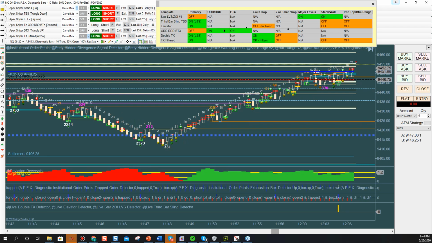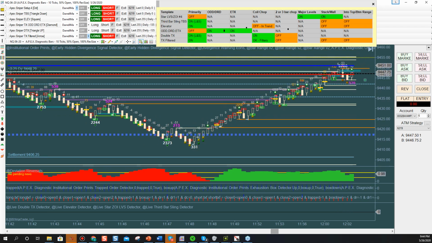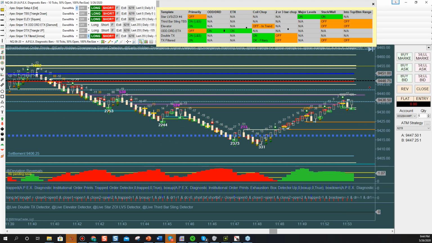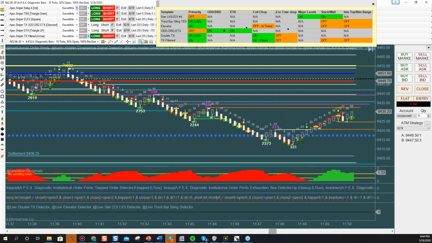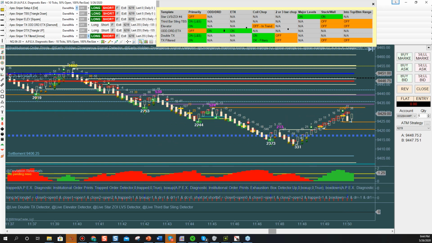We got a... Okay, now this one, this is actually a good example. Alright, so do we have like 3-bar coil chop here in this trend? Yeah, 8:30 to 10:30 Central Time. Do we have 3-bar coil chop there? So, once we've had 3-bar coil chop, do we take elevators after that?